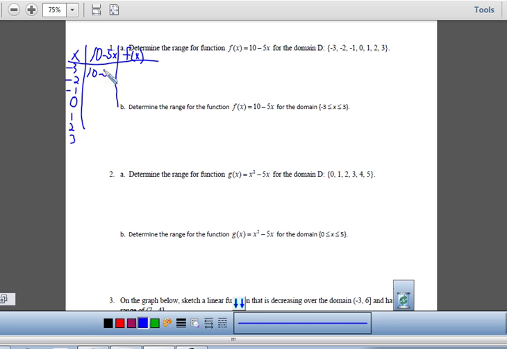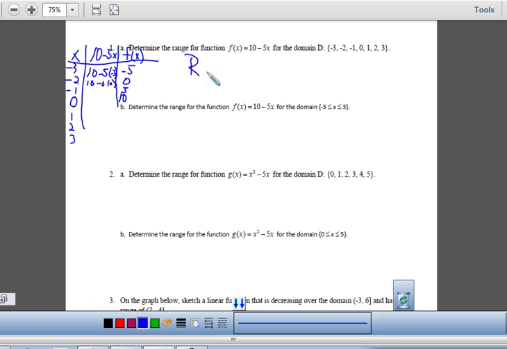So 10 minus 5 times -3 is going to be 25. Then 10 minus 5 times -2, and so on, until we reach -5. You can see the pattern: it's going by increments of 5.